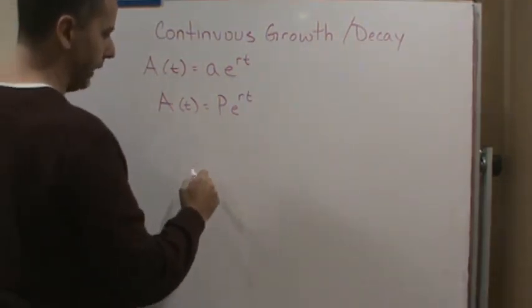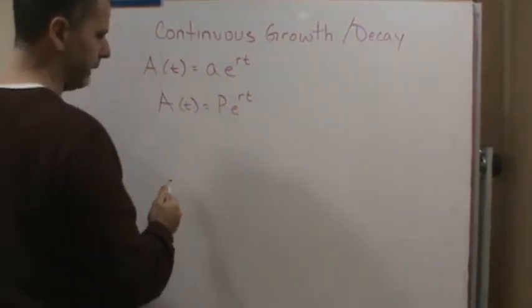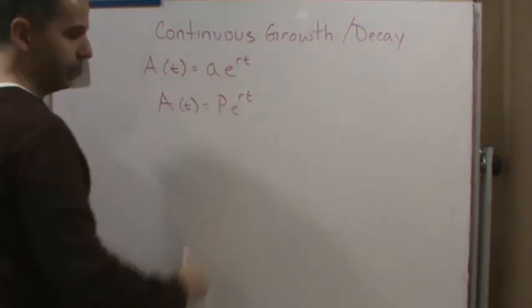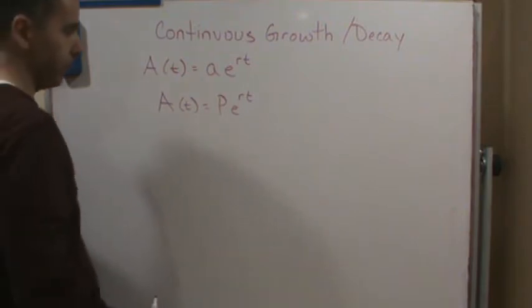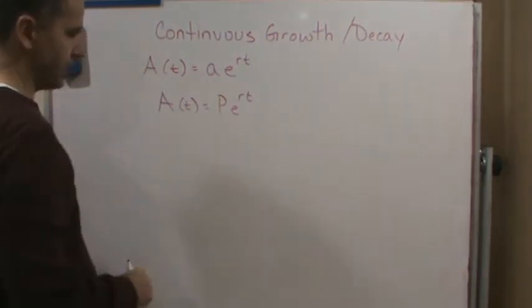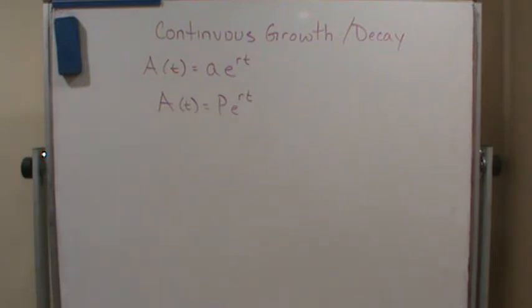I like to use PERT, P-E-R-T. So P is the principal amount, R is the continuous rate, and T is just time, and again that's usually given in years. It's the number of years.